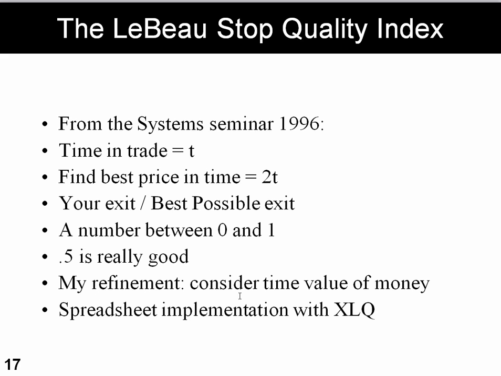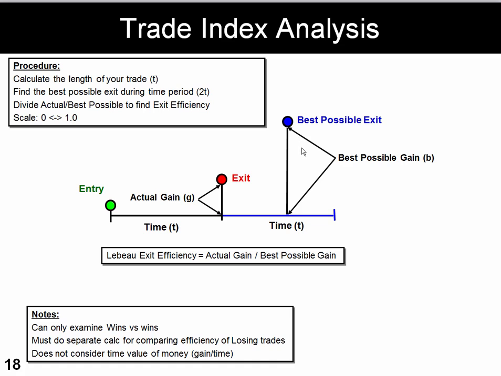My refinement to this was to consider the time value of money, and I implemented this in a spreadsheet with XLQ in the following way. My procedure is to calculate the length of your trade in time T, from the entry to the actual exit. Then go out to the 2T time frame and find the best possible exit, maybe the highest high in the 2T time frame.